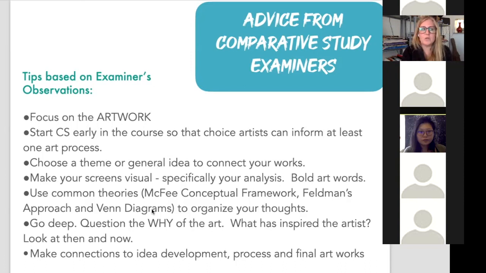So I do encourage my students to choose artists based on the amount of information they can find about them. Because if you choose an artist that doesn't have a lot of information, that's going to be really tough. And when you get to the in-depth analysis, you're going to have to think outside the box. I have a lot of students that choose artists from Instagram, but there are no Wikipedia pages on them.